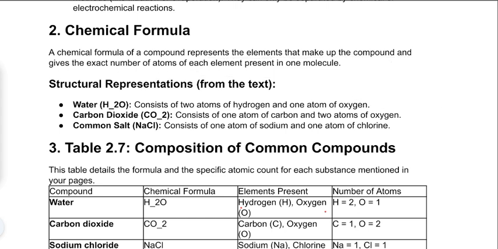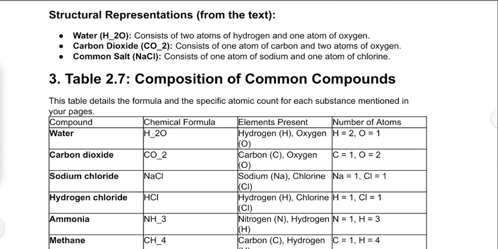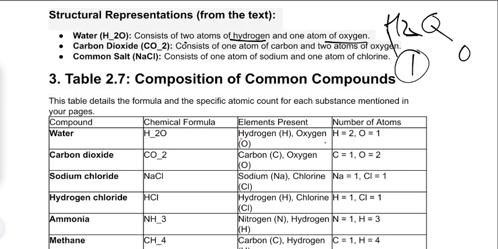Now, here we are going to learn about chemical compounds. First, structural representation from the text only. Water. Water consists of two atoms of hydrogen, which is H2, and one atom of oxygen. But if we are going to talk about how many molecules, then you will write one molecule of hydrogen and one molecule of oxygen. Why?